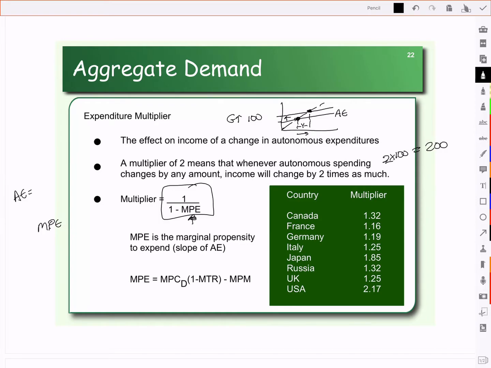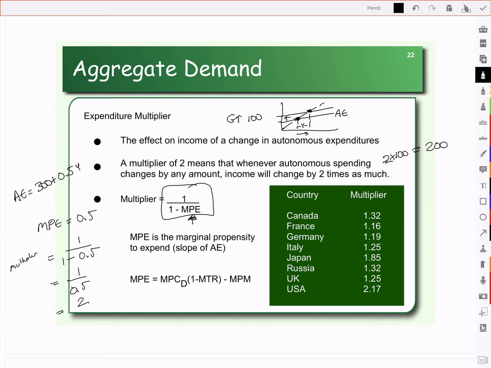Our aggregate expenditure function we've been working on is 300 plus 0.5y, which means our MPE is 0.5. So we can find the multiplier as 1 over 1 minus 0.5, which is 1 over 0.5, and 1 divided by 0.5 is 2.